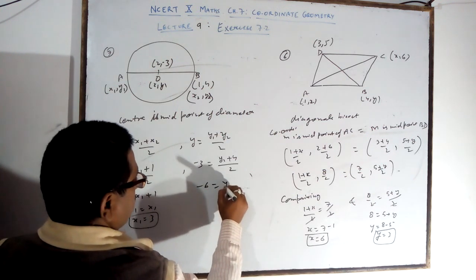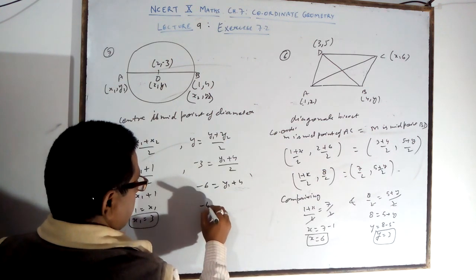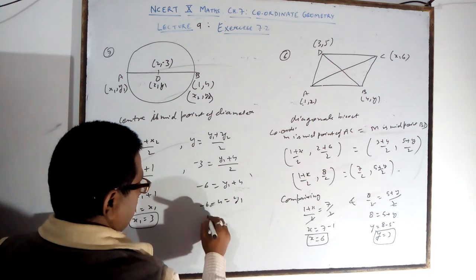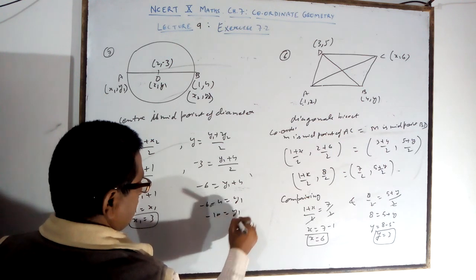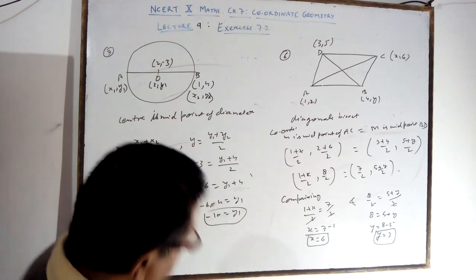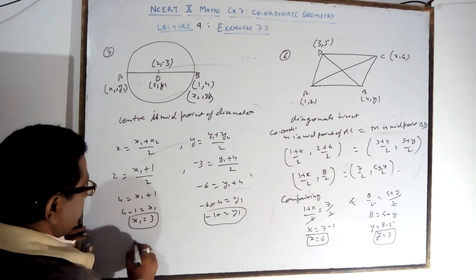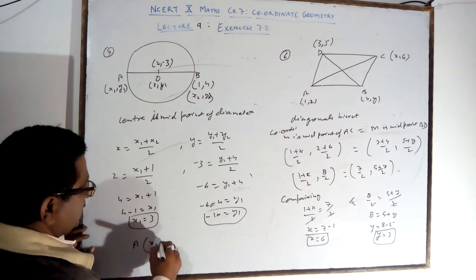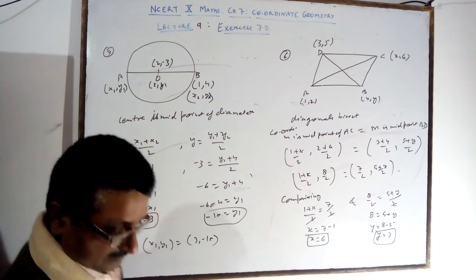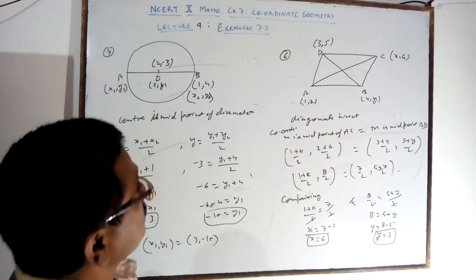Minus 6 is equal to y1 plus 4, so minus 6 minus 4 is equal to y1, minus 10 is equal to y1. Therefore, the coordinate of A is (x1, y1) equal to (3, minus 10). Very simply you are getting it. Question number 8.